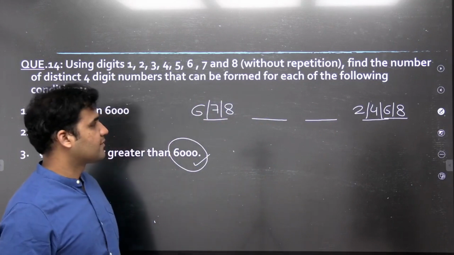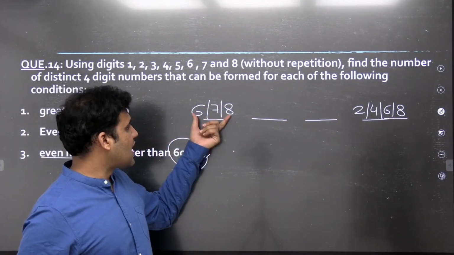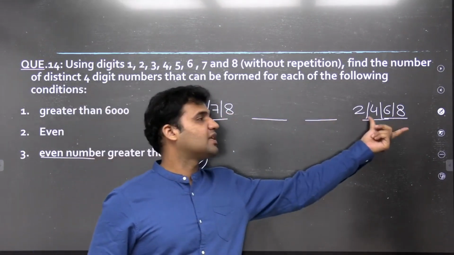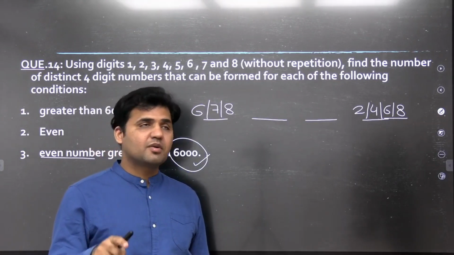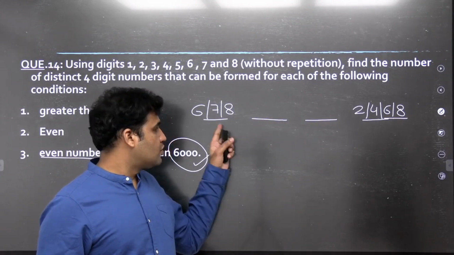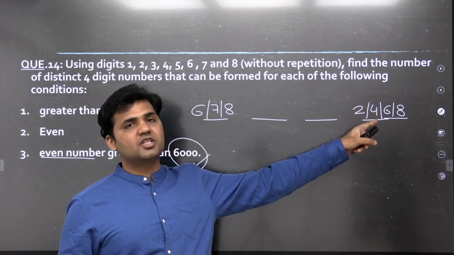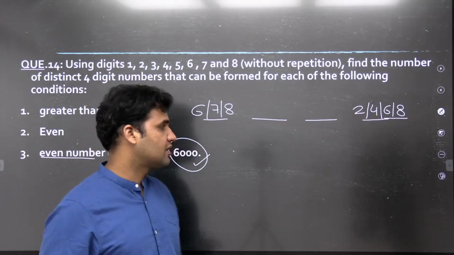Now you see this. To satisfy both of these 2 conditions, there are 2 digits which are common to the first condition as well as the second condition. So whenever you come across this type of situation where the 2 conditions which are supposed to be satisfied have some common digits among themselves, what you do is you solve the question in different cases.